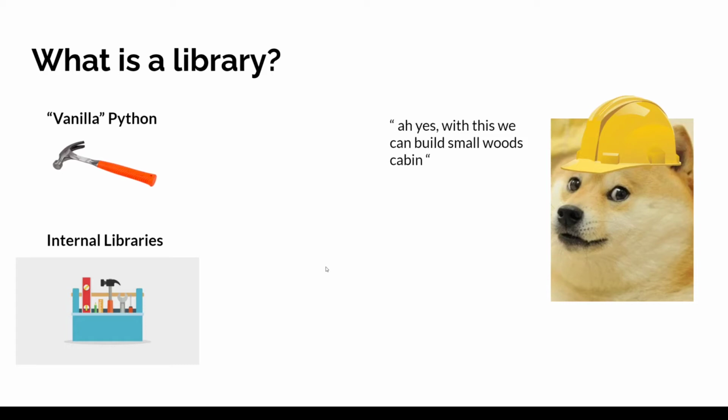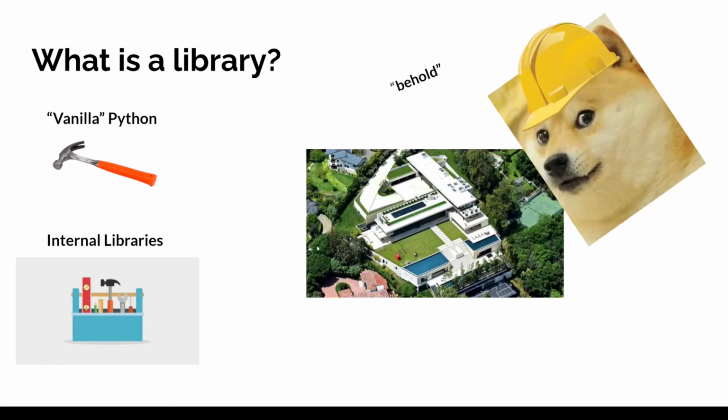And then your customer says, hey, yeah, we could build a small woods cabin or a cabin in the woods with this, right? You've got a little toolbox, we can probably get something simple done. But let's say they have something a little more grandiose in mind. So in order to build this really complicated, complex, and much more advanced project, we can't rely solely on Python and just internal libraries.